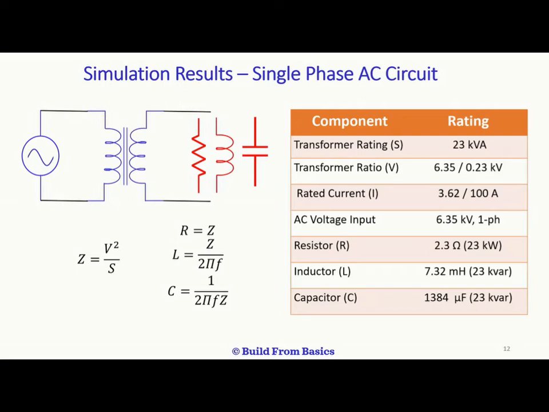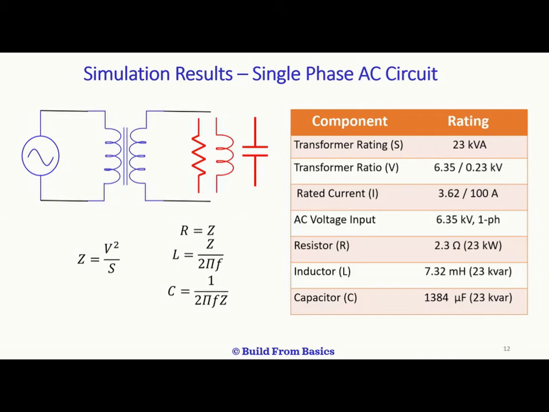So the resistor, inductor and capacitor consume an equal amount of power, but the resistor consumes active power, the inductor consumes 23 kVAr of reactive power, and the capacitor produces 23 kVAr of reactive power. So the number is the same, but the units are different.